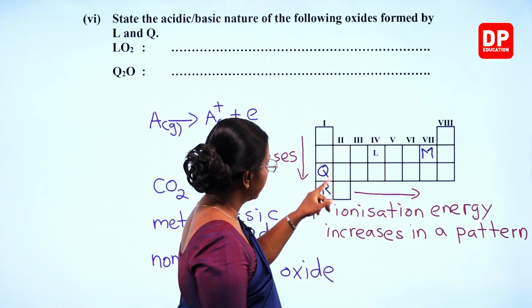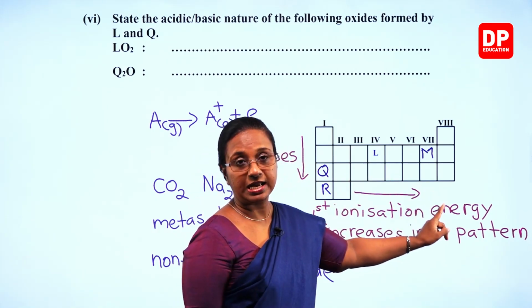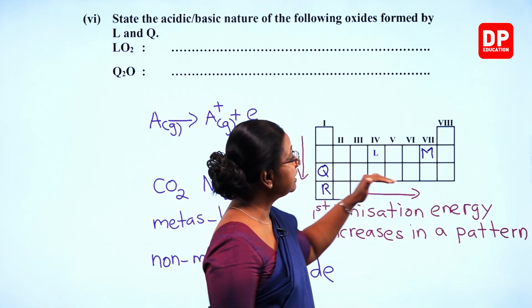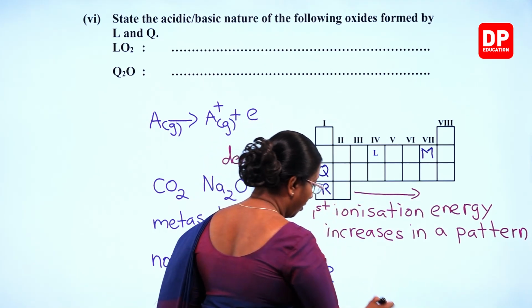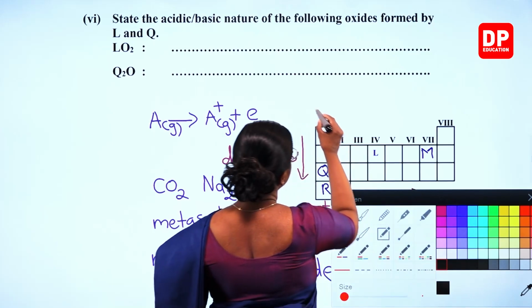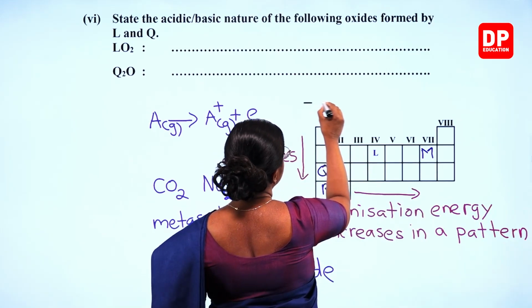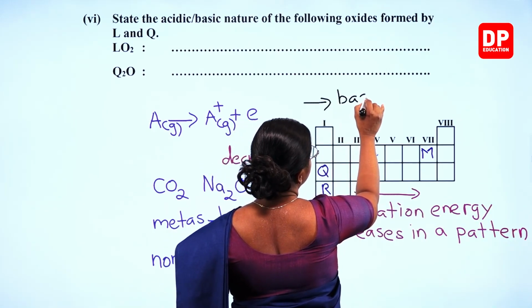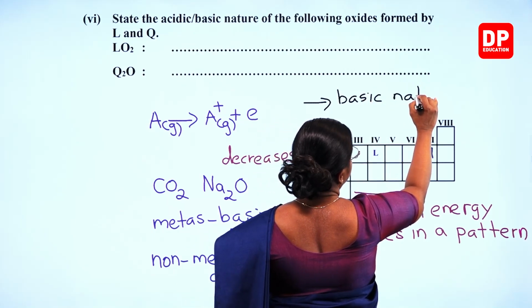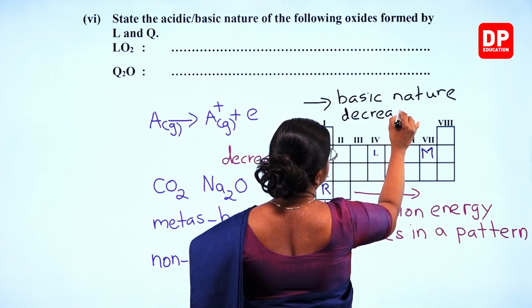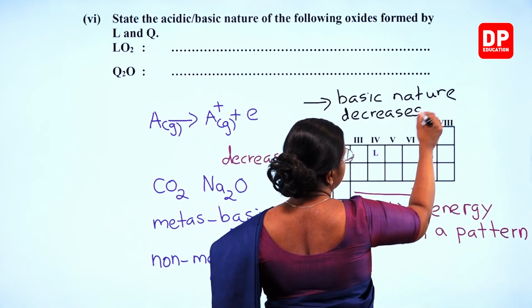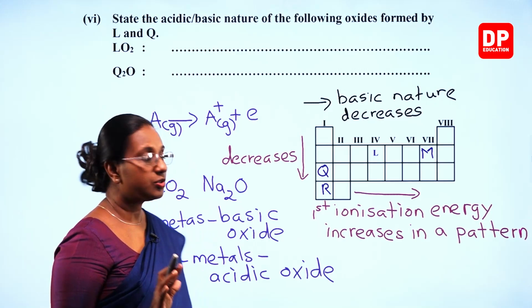So, you all know, students, as you go from left to right, the basic nature decreases, acidic nature increases. For oxides, here we can say this way, basic nature decreases, acidic nature increases. That also you all know.